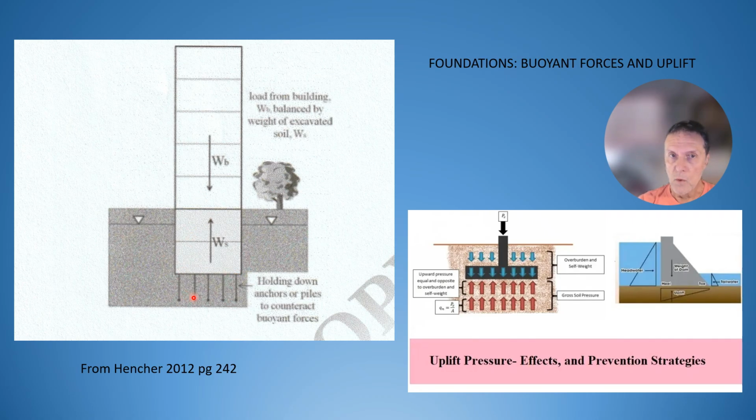And if you're in a buoyant condition of groundwater, you may get uplift trying to push up on your structure because of the buoyant forces of water. So you want to drill down farther below the structure and anchor everything into very firm material to counteract the buoyant forces.